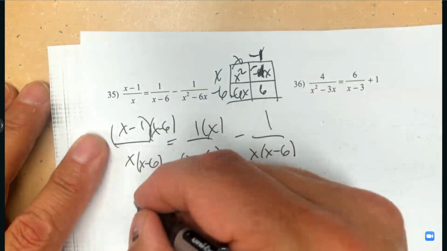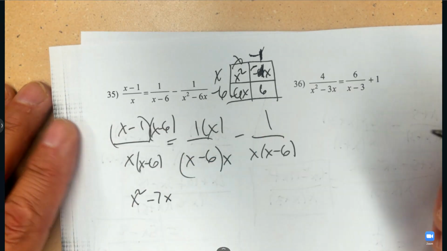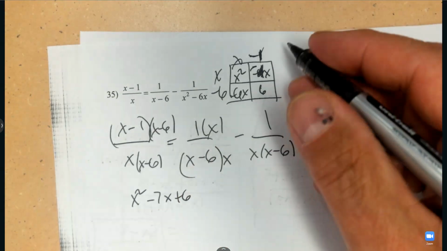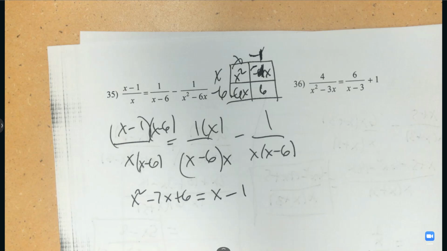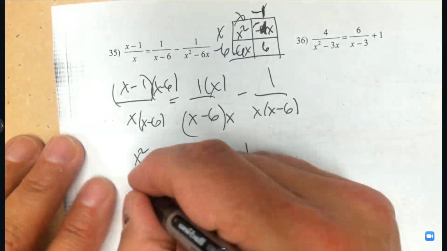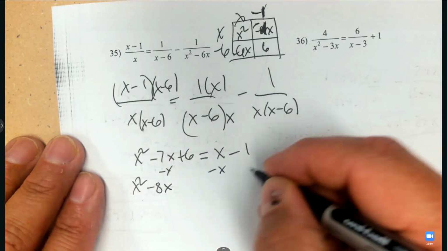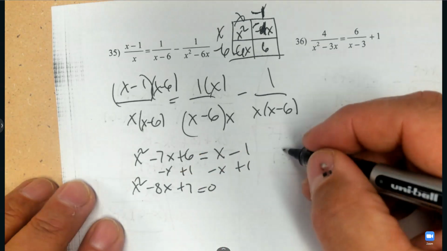If I combine like terms, just the numerator, it's x squared minus 7x plus 6 equals x minus 1. Make it equal to 0, so I'm going to subtract x. That's minus 8x. I'm going to add 1. That's 7. And then that's what I'm going to factor.